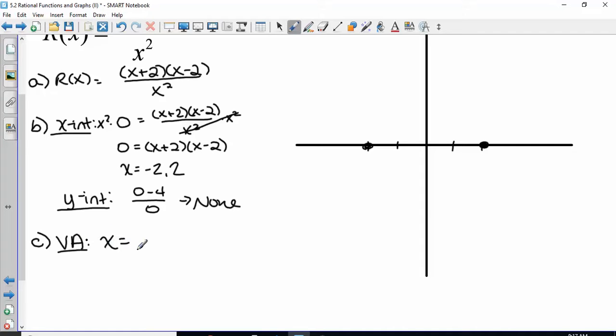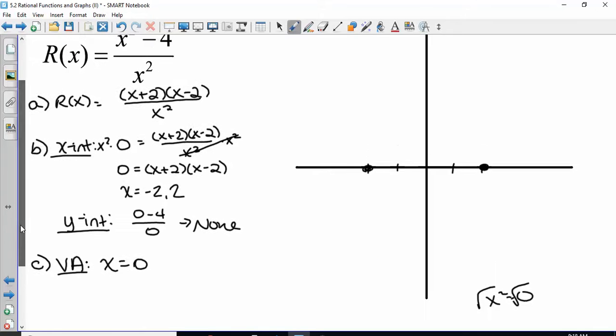Remember, asymptotes are lines, so I need a full equation. Vertical is x equals, what will make the bottom of this fraction 0? So when x squared equals 0, it's just 0. So vertical at x equals 0, that's just the y-axis here.